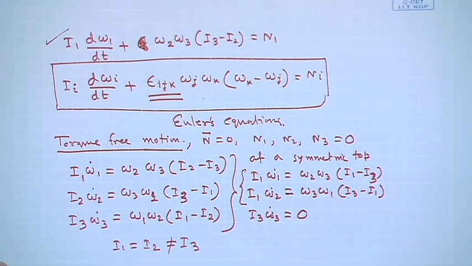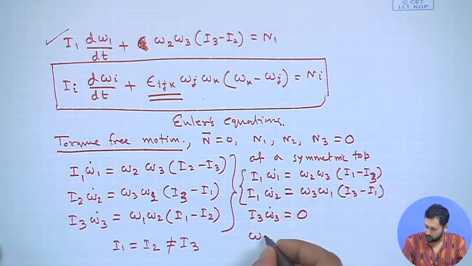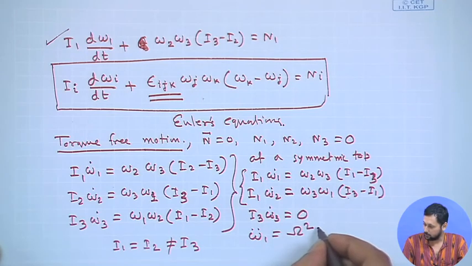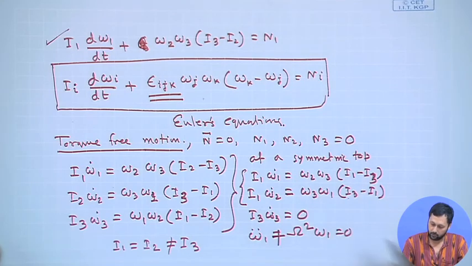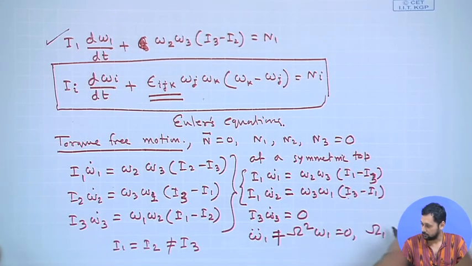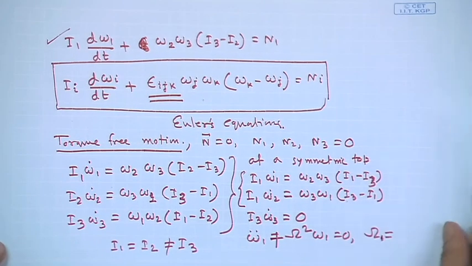Okay. So, if I slightly modify this, from the first two equations I can reduce them to omega 1 double dot plus capital omega square omega 1 equal to 0, where capital omega is given by, okay, let us do it systematically, that will be easier.